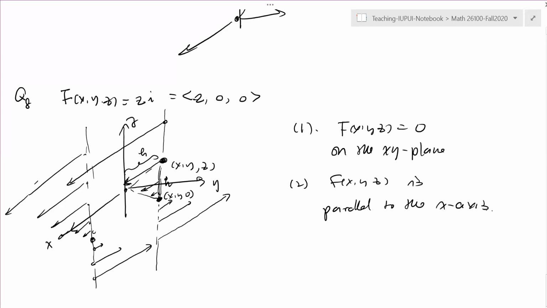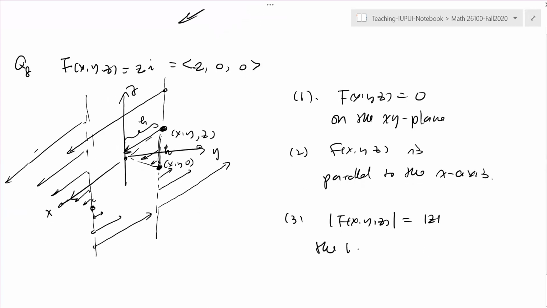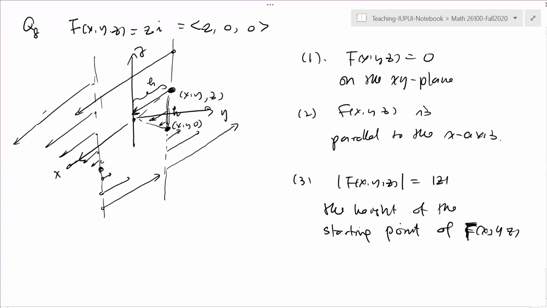It's in the same direction as the x-axis if it's above the xy plane, but the opposite direction if it's below. And the third one, the length is going to be called z, the height of the starting point, or the foot point, of F. So that's good enough to describe the vector field.